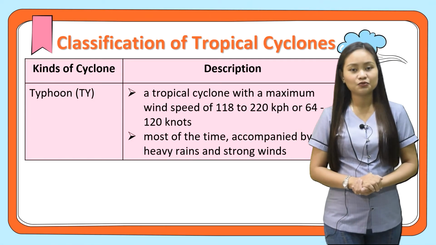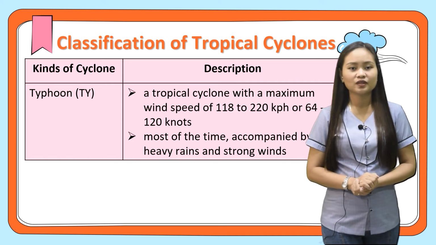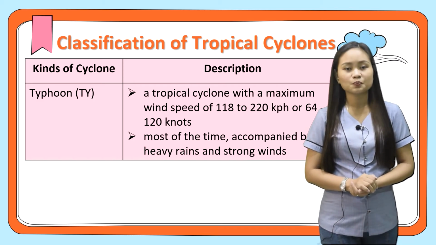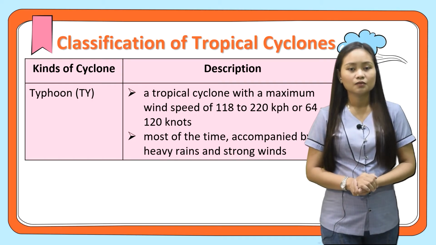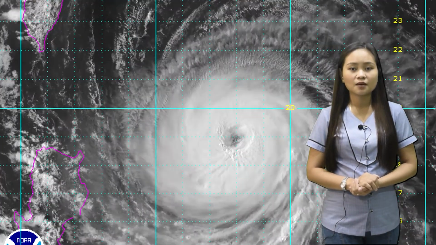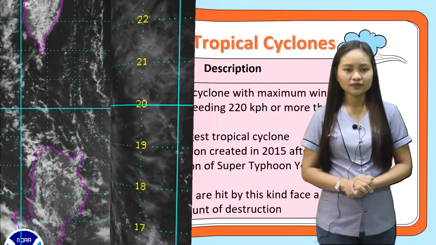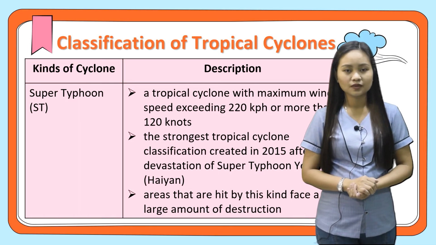Another is the typhoon. Typhoon is a tropical cyclone with a maximum wind speed of 118 to 220 kilometers per hour or 64 to 120 knots. Most of the time, it is accompanied by heavy rains and strong winds. The last one is the super typhoon.